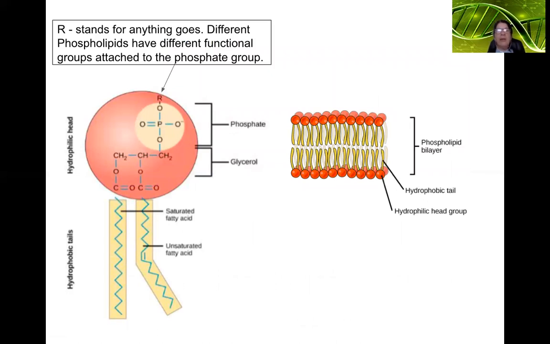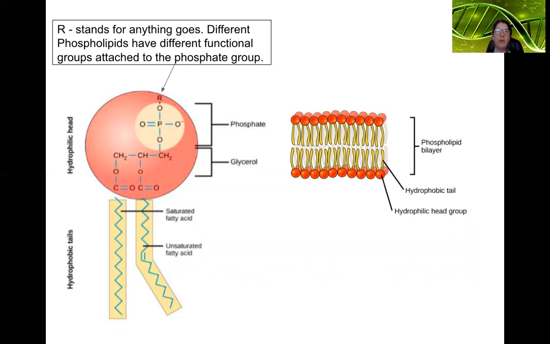Now, the other important class of lipids are the phospholipids. And here, R stands for anything goes. What does the phospholipid look like? The phospholipid contains, again, glycerol, except the glycerol has only 2 fatty acids attached to it. And the last hydroxyl group, instead of having a fatty acid, has a phosphate group.